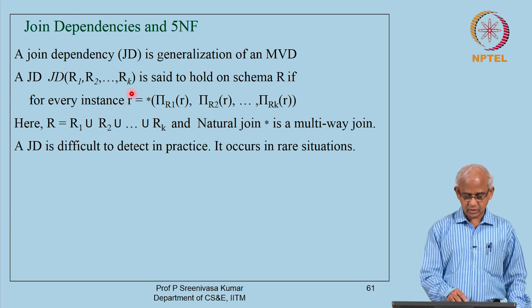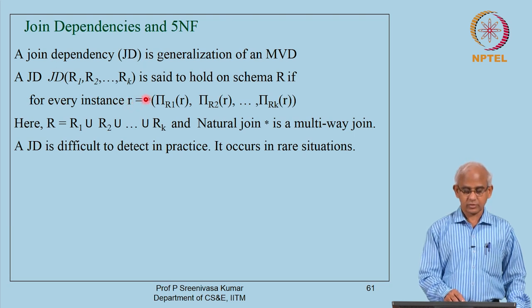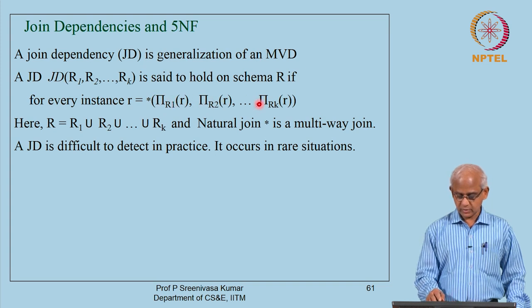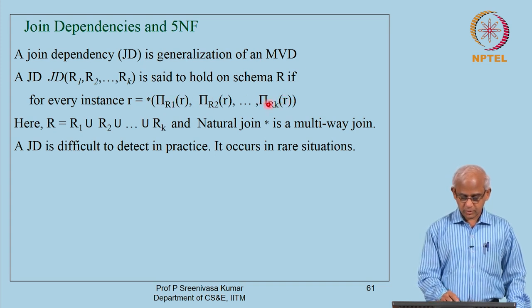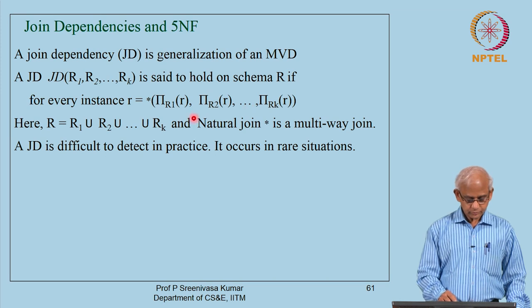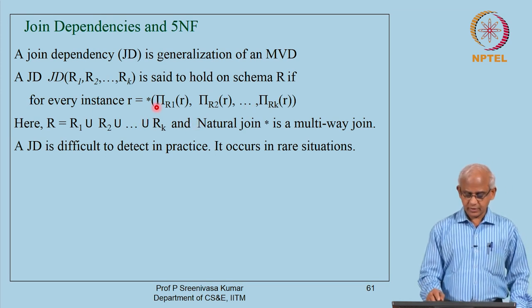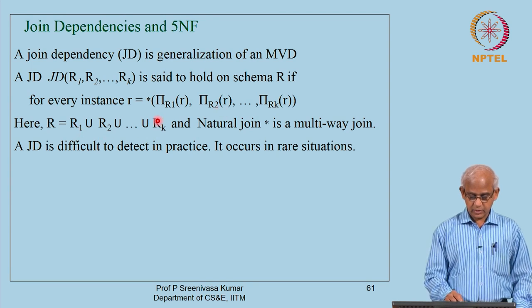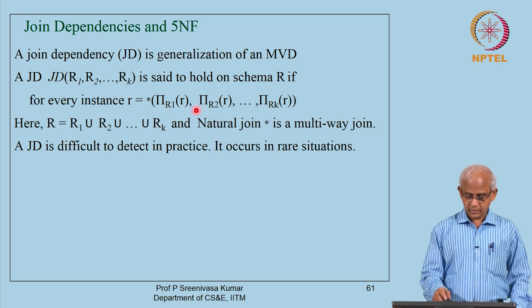So, it is written as R is equal to the multi-way join of pi R1 R, pi R2 R, etcetera, pi Rk R, and please read this R1 as R subscript 1, the same as R subscript 1 and R subscript 2 like that. This kind of a condition is indeed very difficult in practice to find out that it is occurring in the data.